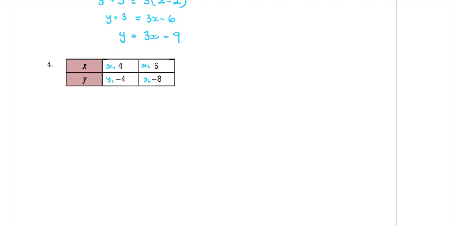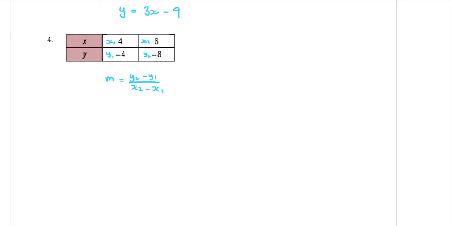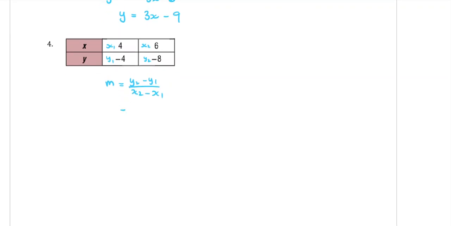So even though these questions all look slightly different, each one of them, I need to find the gradient using this formula, and then find the equation, usually using the point gradient formula. So y2 is going to be minus 8 minus minus 4, so plus 4, over x2, which is 6, minus 4. So that equals negative 2.